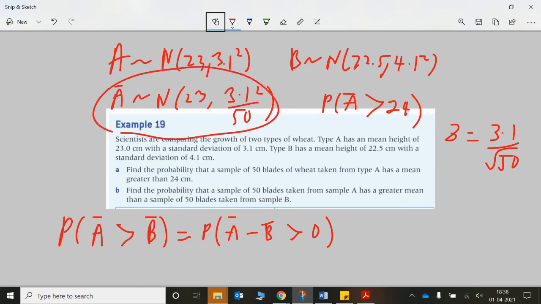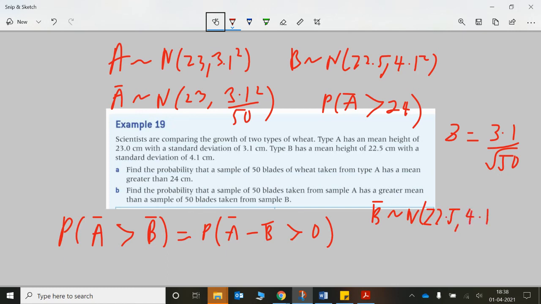Now we have A bar, we need B bar as well. We now need to combine two already combined distributions, if you like. So here we've got 22.5, comma 4.1 squared over 50 is the variance of this one. So now we need to combine the two distributions of A bar and B bar.